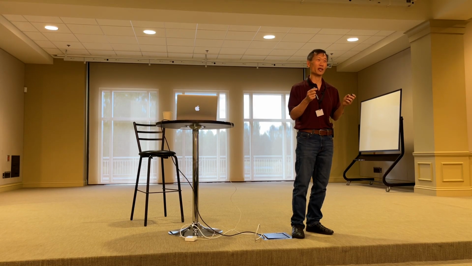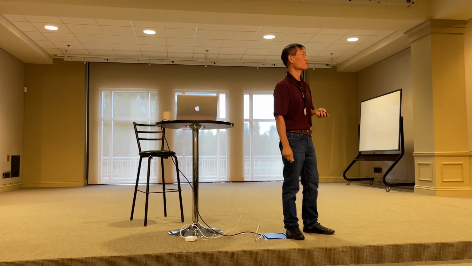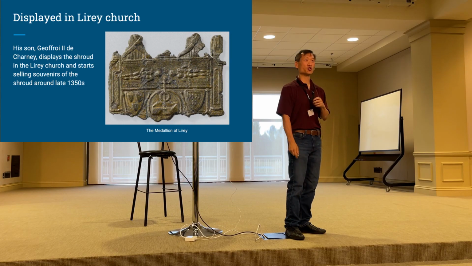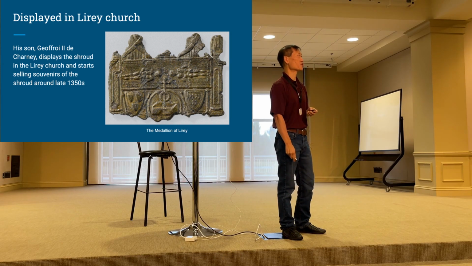I don't think it's more like a relative, but I think there's some correlation. Now, his son, Geoffrey II, displayed the shroud in the Lirey church and started selling souvenirs of it around the late 1350s.